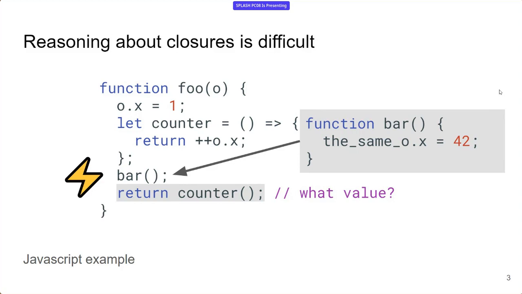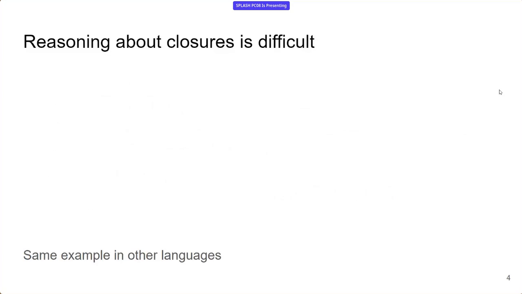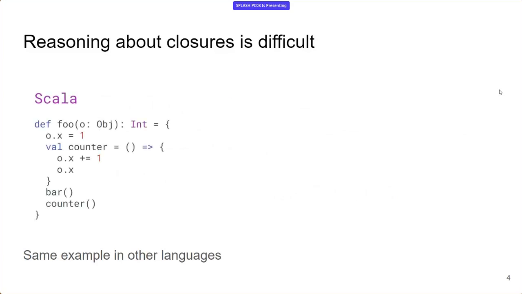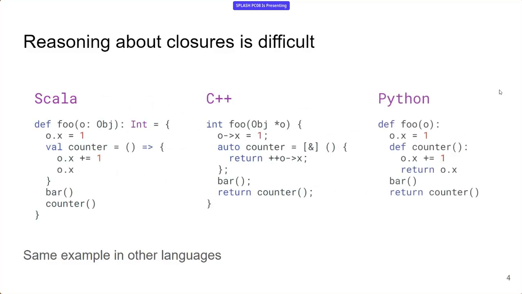And so the point of this talk is, of course, that JavaScript sucks. No, you can do the same thing in Scala. You can do the same thing in C++. In Python, you can pick any language which supports this kind of closures.